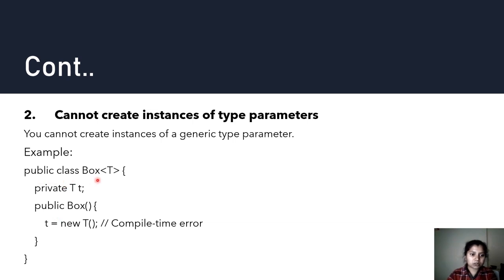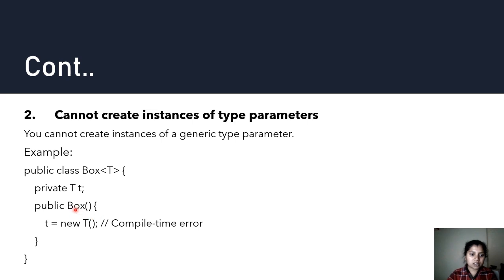Public class Box is the name of the class with type parameter T, and private T, data type T with variable small t, that is initializing the variable t. Next, public Box, that is the constructor.